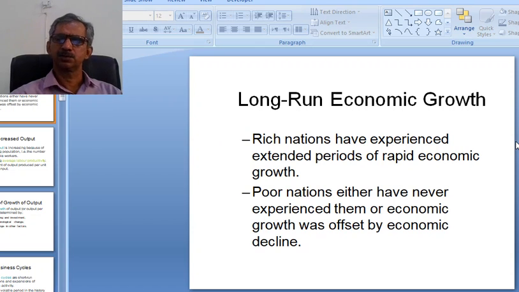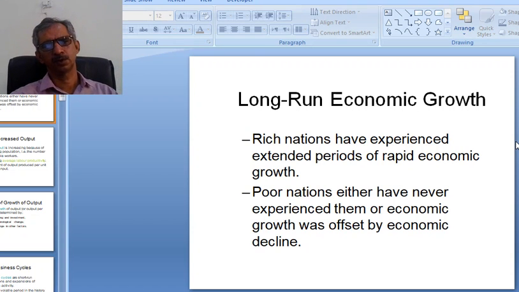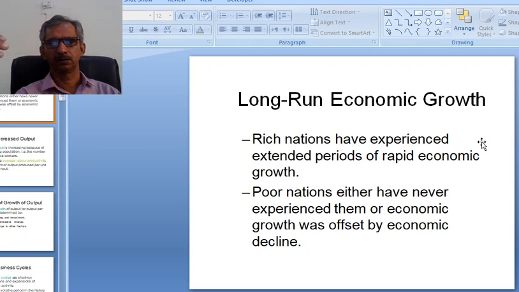The rich nations have experienced extended periods of rapid economic growth. Rich nations like America, Japan and European countries have experienced an upward trend in their output, meaning GDP growth rates. Their economies are increasing.